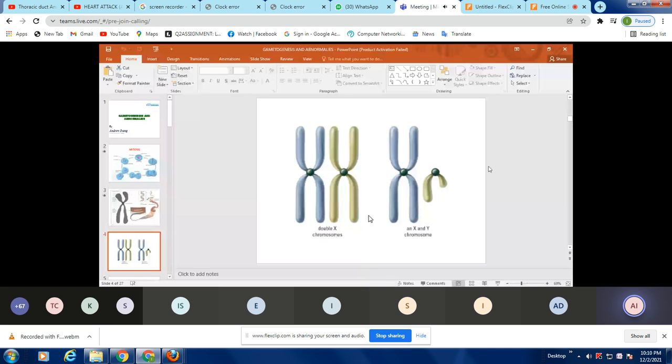Can you look at this slide and say something? Who is ready to say something? We're just seeing the chromosomes for the male and for the female, and that's it.